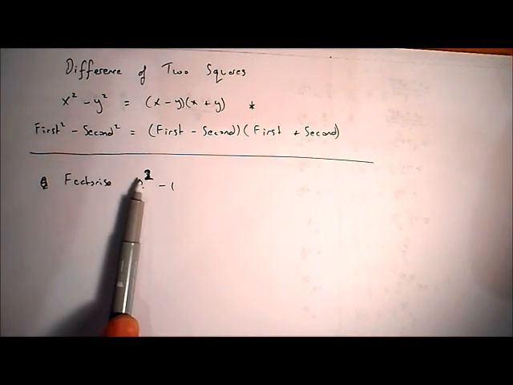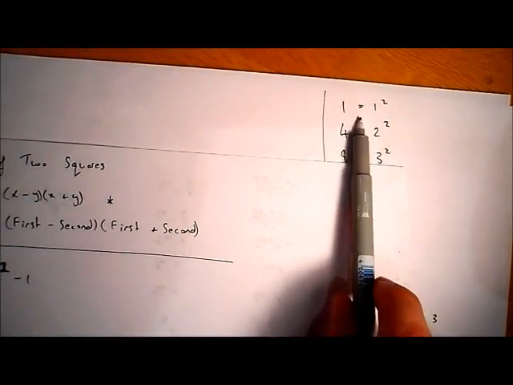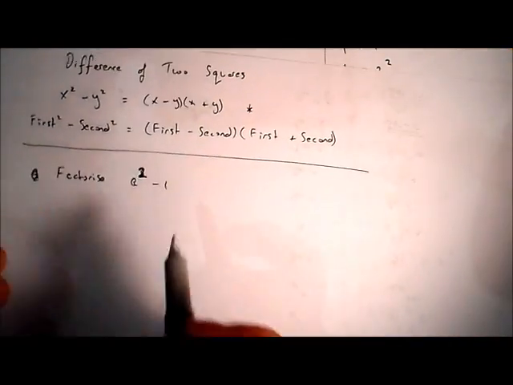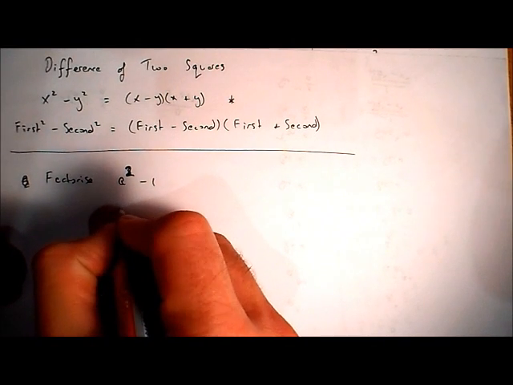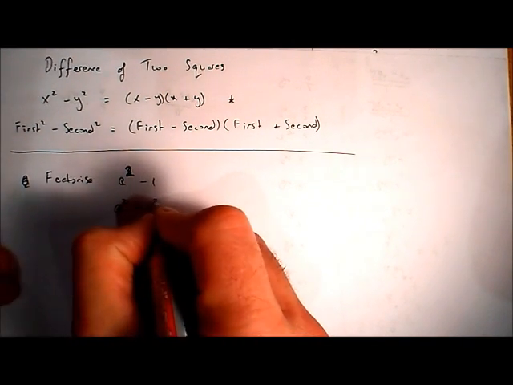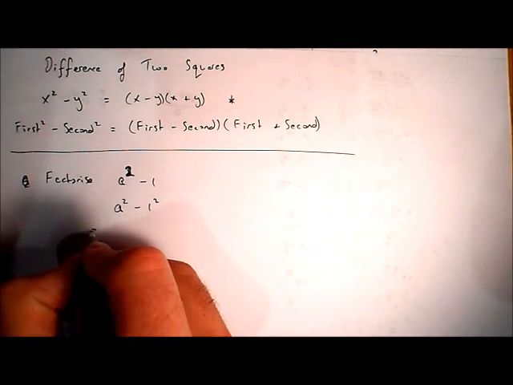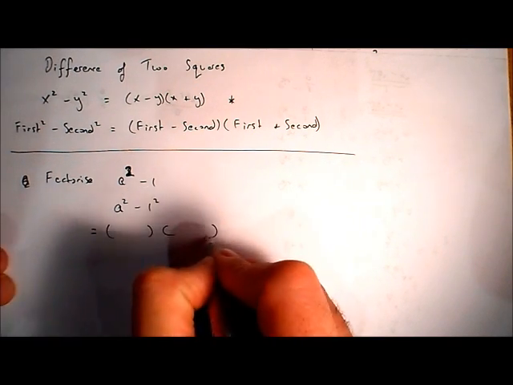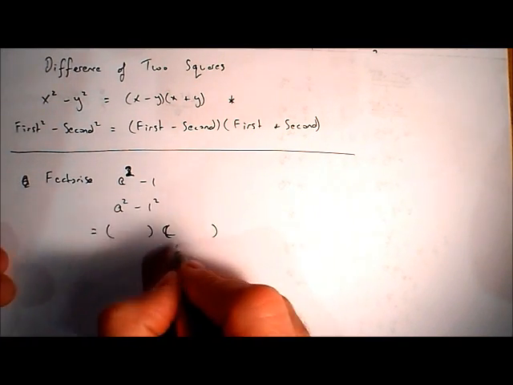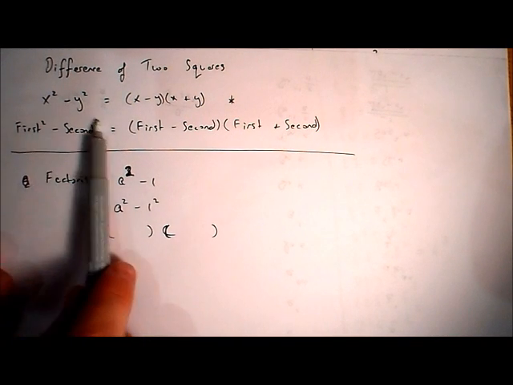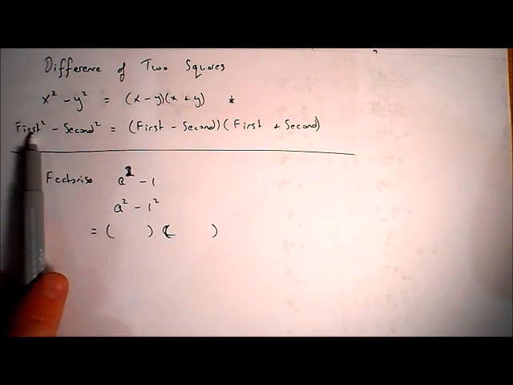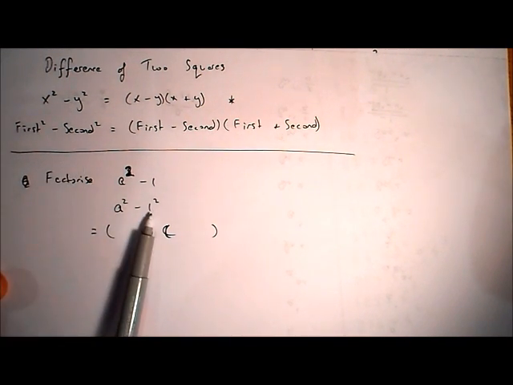So if we look at this example down here, we've got a squared minus 1. If you remember, 1 is the same as 1 squared. So another way to write this would be a squared minus 1 squared. Now we want to factorize that, so I've got to write it as a product. We've got to figure out what goes in these brackets. In this case, the first is a, and the second is 1.